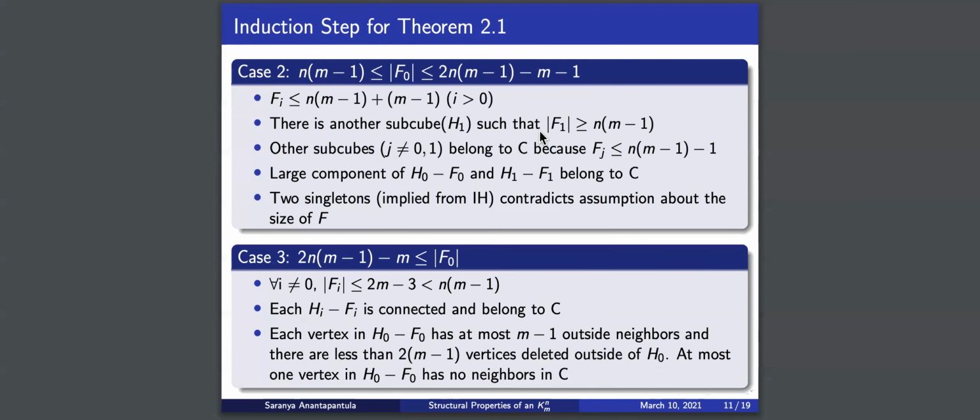Then in case 2, where the cardinality of f of 0 is at least n times m minus 1, and at most 2n times m minus 1 minus m minus 1, there is at most one more subcube with that property. So let's call the set of vertices f of 1.